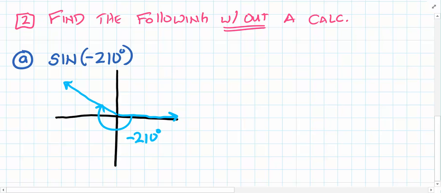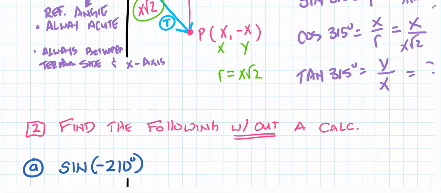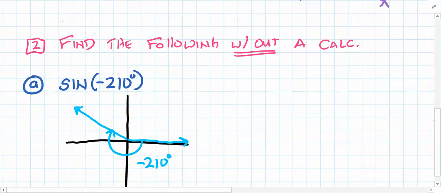So I want you to draw it first, okay? Now that we've drawn it, can you identify the reference angle? It's not 90 degrees, no. It's not 270, no. Remember, the reference angle has to always be acute and always positive. It's 30 degrees.